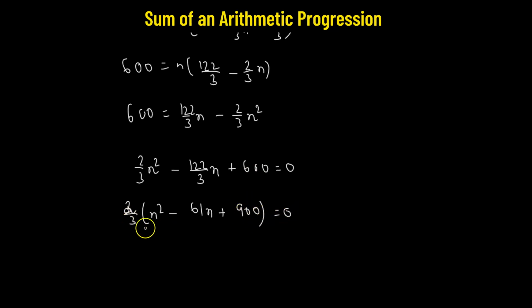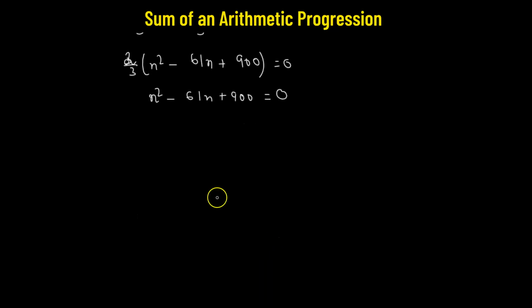Now we know the 2/3 cannot be equal to 0. So we have n squared minus 61n plus 900 equals 0. And when we factorize this quadratic equation, we should get n minus 25 and n minus 36 equals 0. So that means n could be 25 or n could be 36.